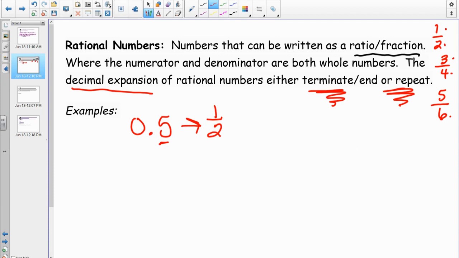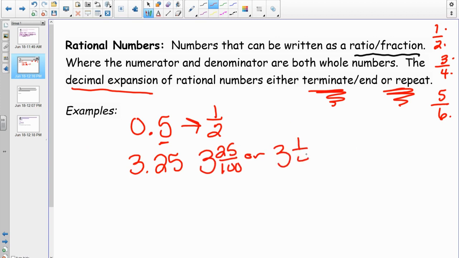Another example would be 3.25, or 3 and 25 hundredths. And you could write that as 3 and 25/100, or 3 and 1/4.